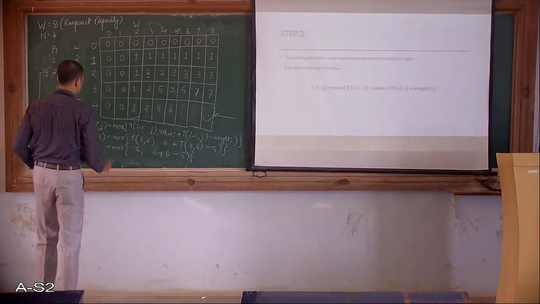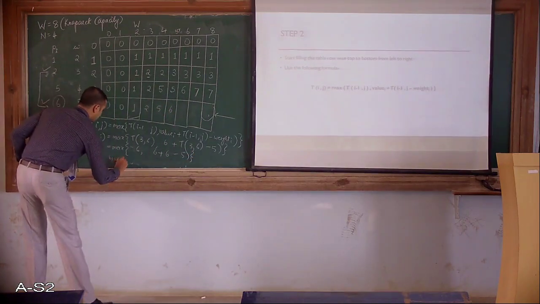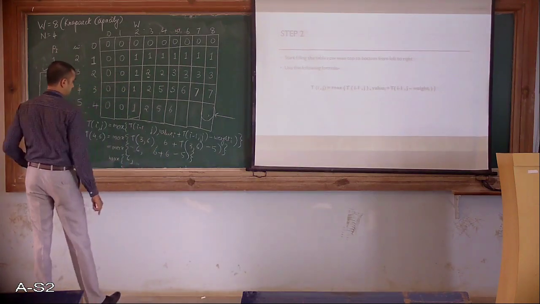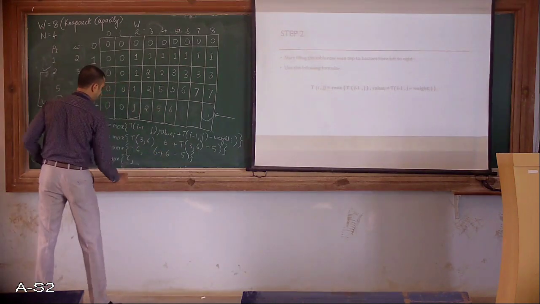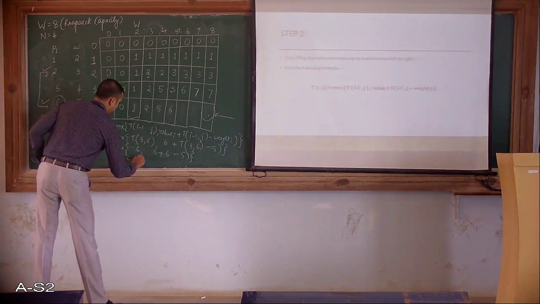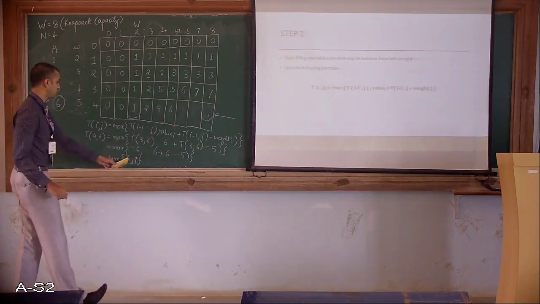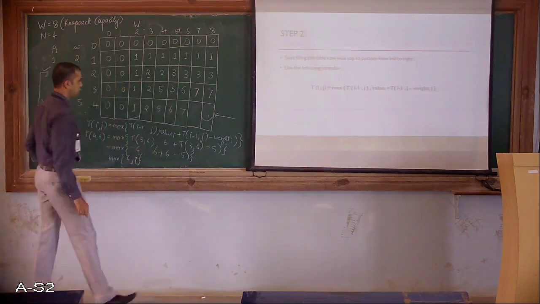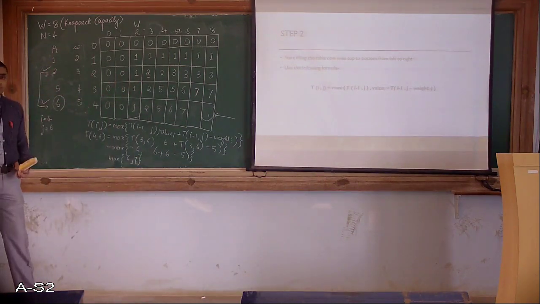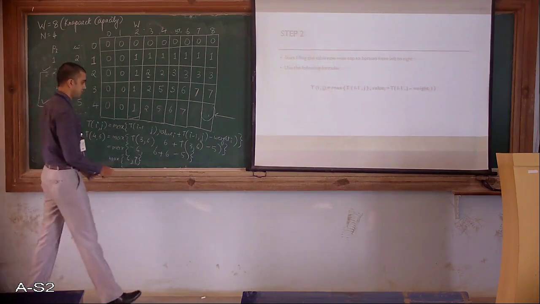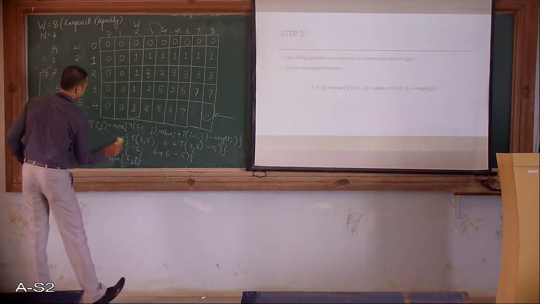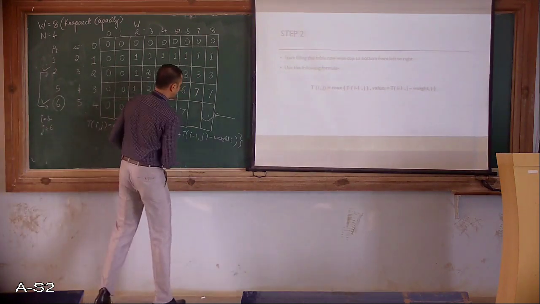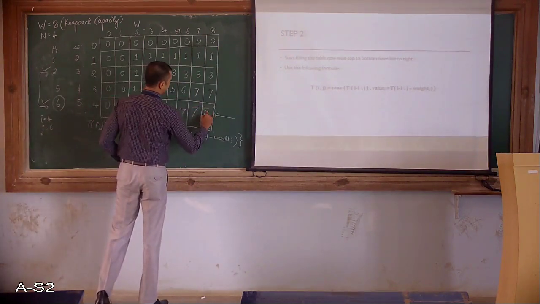So what will be the value? Max of 6 comma 6 plus 6 is 11. Sorry, 12. 12 minus 5 is 7. So what is the maximum of 6 and 7? It is 7. Similarly, substitute the value for these two cells and you will get these values.